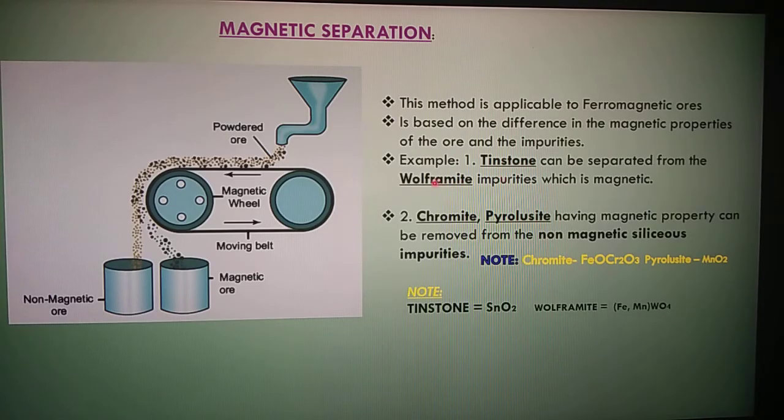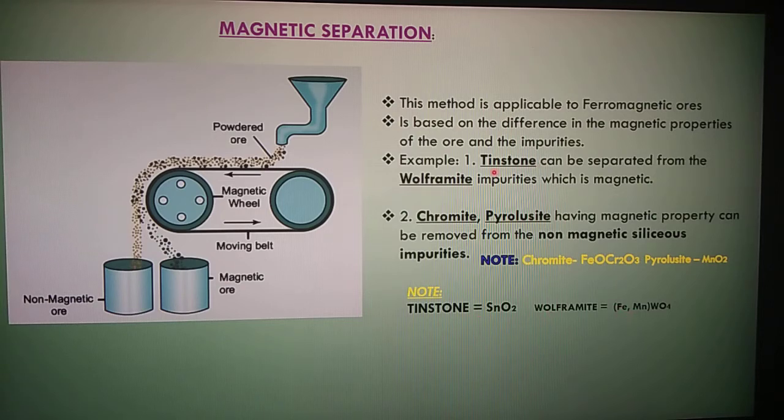How do we remove the wolframite impurity? Just understand the formula. Here tin stone has Sn, tin metal only is present. Wolframite has Fe, iron is present. Here tin stone is non-magnetic, but wolframite is magnetic.